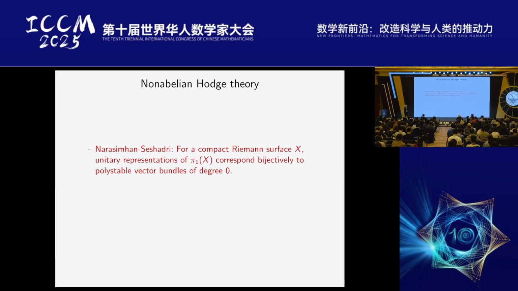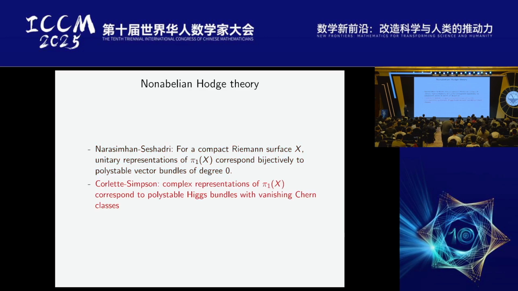Non-abelian Hodge theory starts when you try to replace unitary representations with complex representations. If you look at complex representations, π1(X) into GL_N(C), then instead of polystable vector bundles, you have the notion of polystable Higgs bundles.